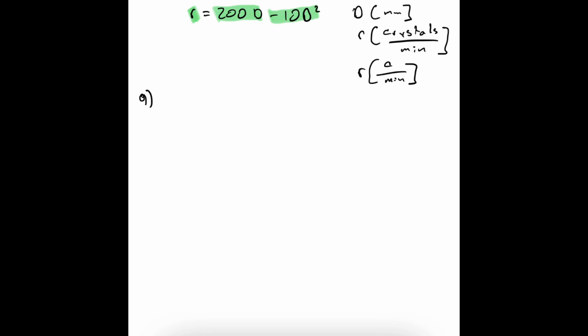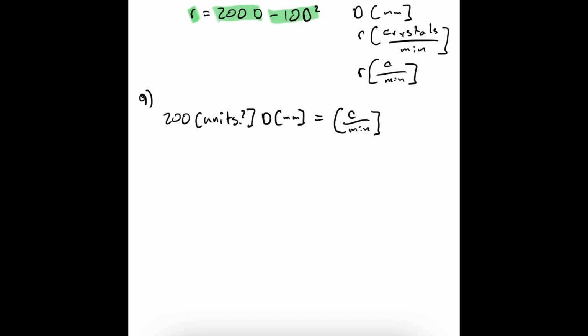In order to calculate the units of 200, you have 200, these units are unknown, times d, but we do know the units of d are in millimeters, and we know that altogether it equals the units crystals per minute, because it has to be the same units that the units of r are.